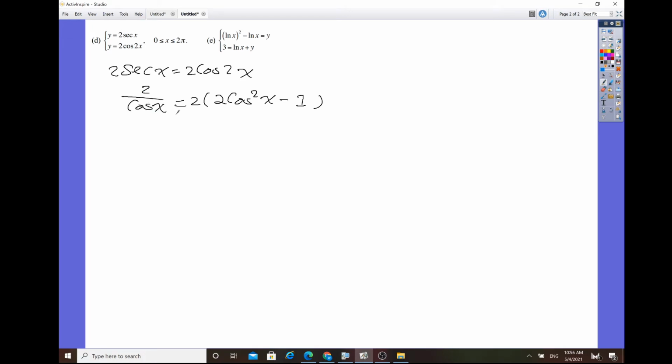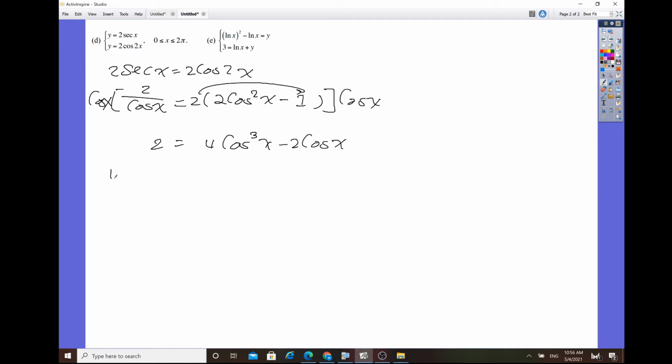So just rewrite everything in terms of cosine of x. It's a rational one and the other one is a quadratic. To get rid of the denominator, we multiply both sides by cosine of x. So we got 2 equals 4 cosine cubed x minus, distributing, 2 cosine of x.